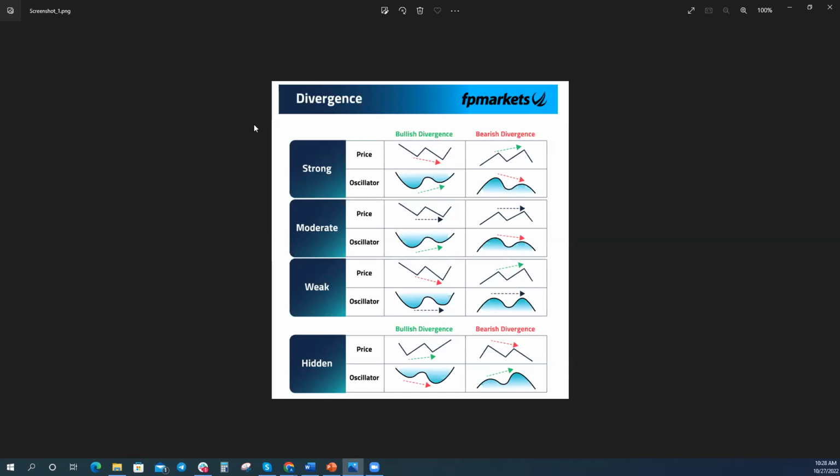Right, so in terms of regular bullish divergence, what you'll see is price form a lower low. Think of a lower low in a downtrending market. But at the same time, you'll also see the oscillator, in this case the RSI, form a higher low.